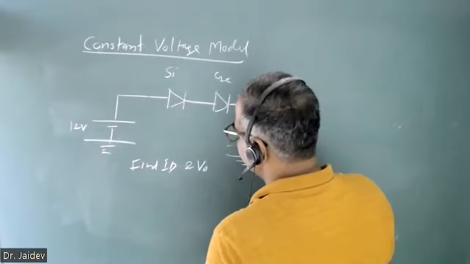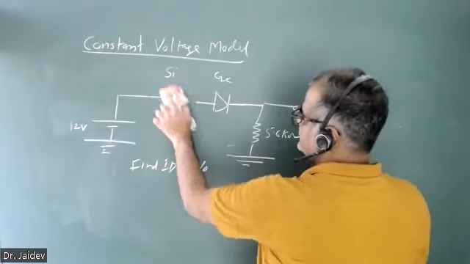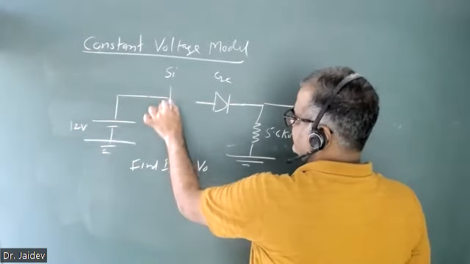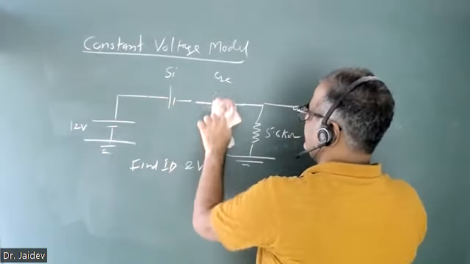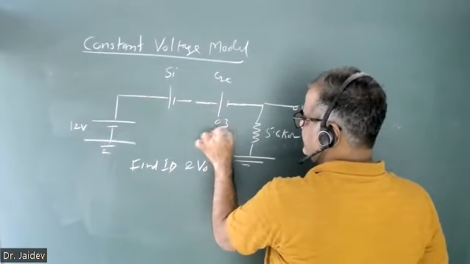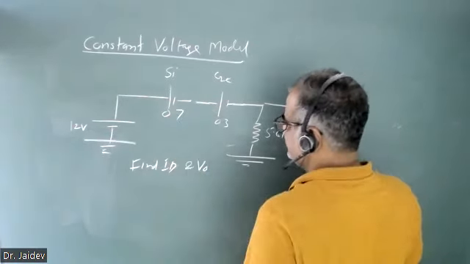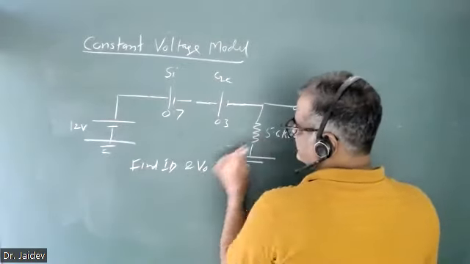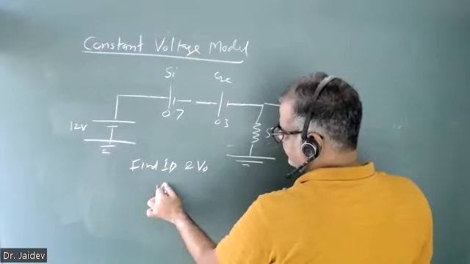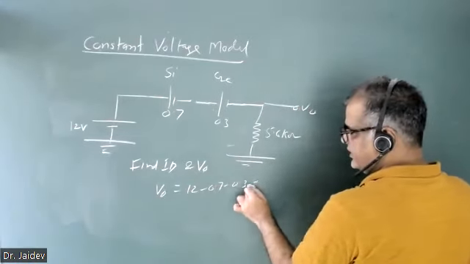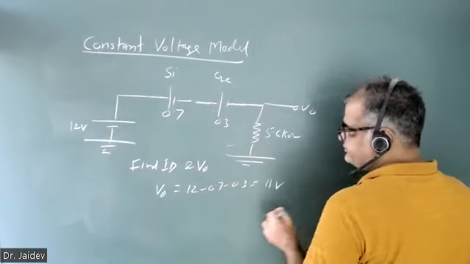Once this is forward bias, you can replace it by 0.7, and this germanium will be replaced by 0.3. Now you can find ID and V naught. V naught is simple: 12 minus 0.7 minus 0.3, that is 11 volt.